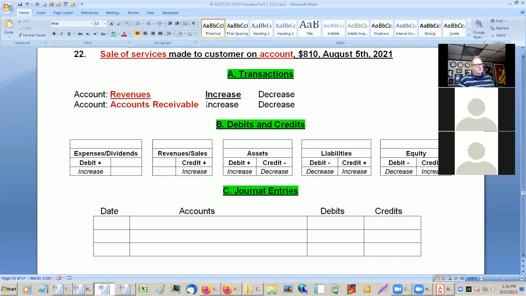They owe us $810 now, so this will be increasing, and we count it as an asset because hopefully shortly it'll be turned into cash. Okay, so revenues and accounts receivable.